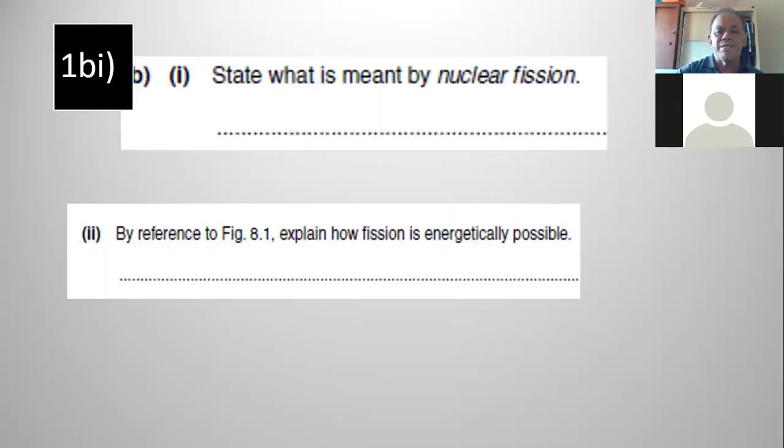Okay, state what is meant by nuclear fission. And remember, if you have forgotten about binding energy, refer to my lecture under binding energy.